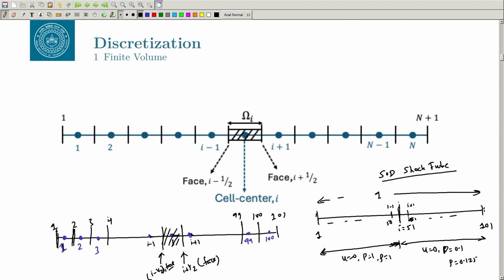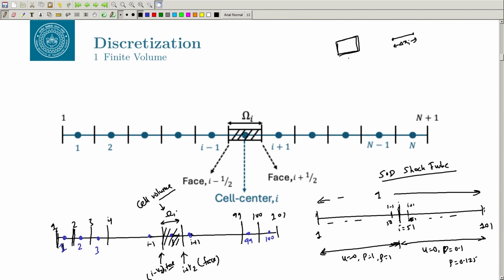Now, for each cell you will define something called cell volume, represented by omega I. So, this is basically the area of the cell in 2D, because your 2D representation of the cell is like this. In 1D it is just the distance. So, let us say this is 1D, this delta xi is my cell volume.